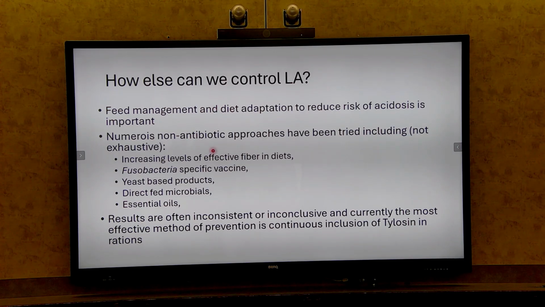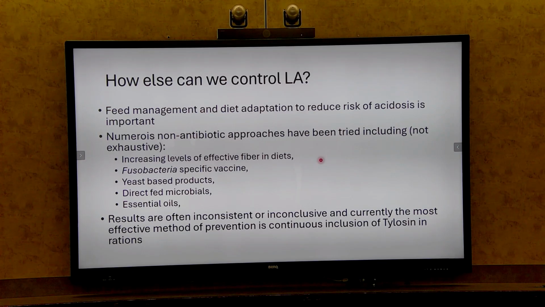There are a lot of non-antibiotic approaches that have been tried. These are not exhaustive in nature, but people have tried looking at increasing the amount of fiber or forage in diets. Theory is that, well, you've got less concentrate, but you also get more rumination, so saliva will help buffer the rumen pH.